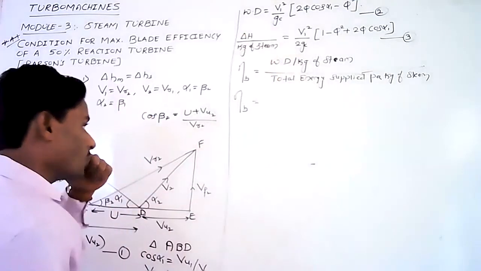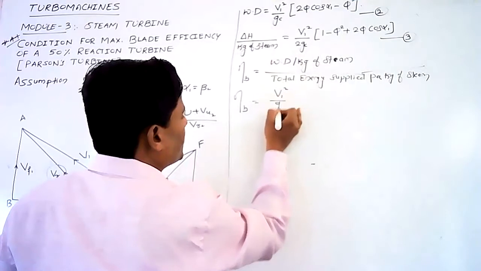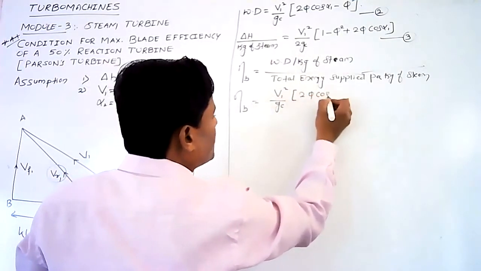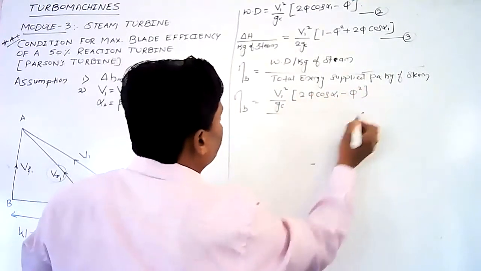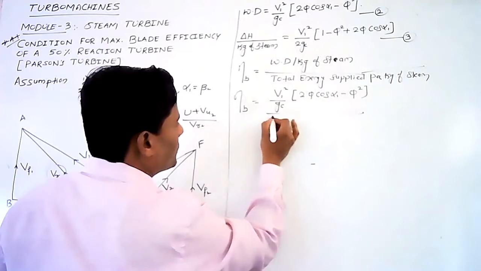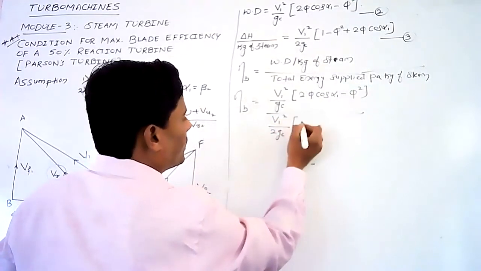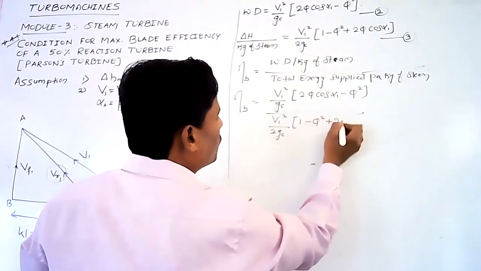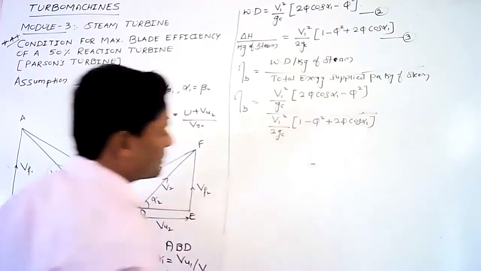So substitute both the terms here: V1 square by GC into 2 phi cos alpha 1 minus phi square, divided by this denominator term, equation number 3, V1 square by 2GC into 1 minus phi square plus 2 phi cos alpha 1.